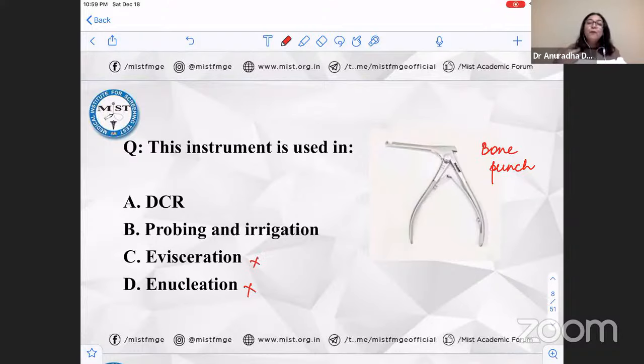Choice B, probing and irrigation. Probing and irrigation is a procedure done in cases of nasolacrimal duct obstruction. This is usually done in an age group of less than 3 to 4 years.